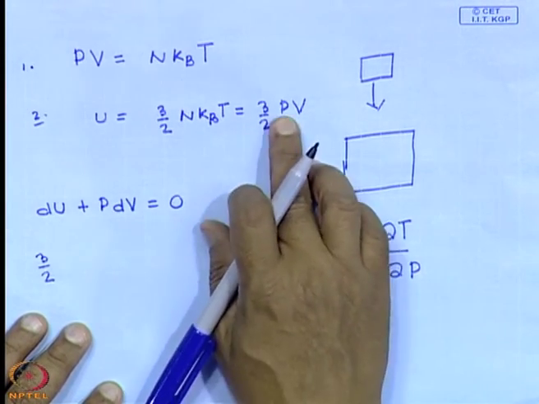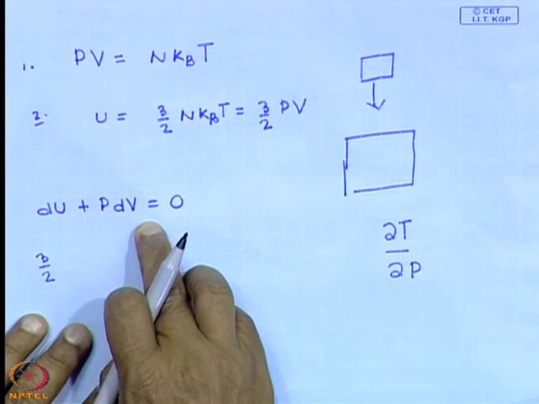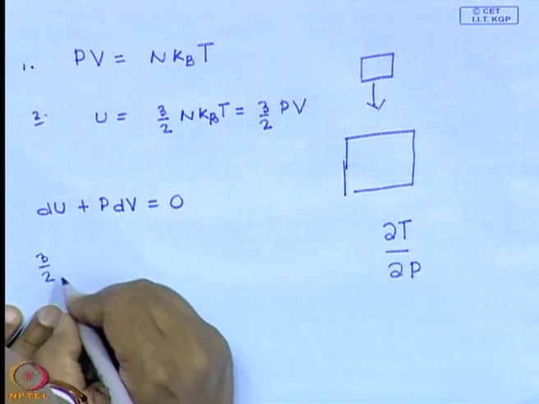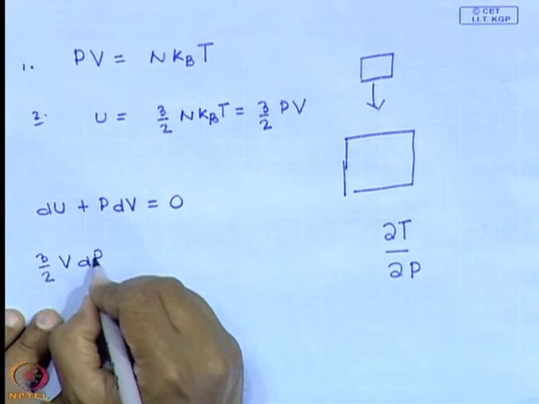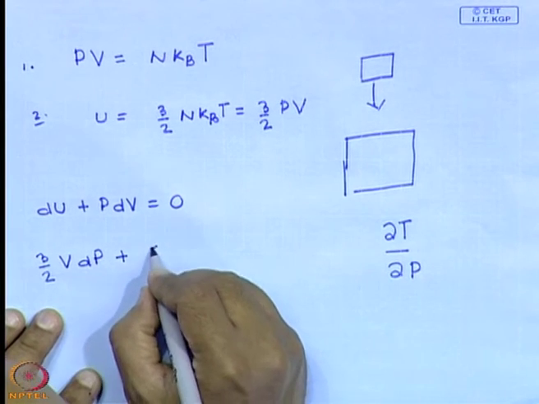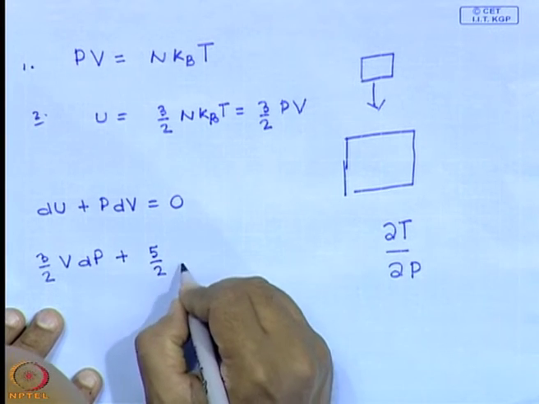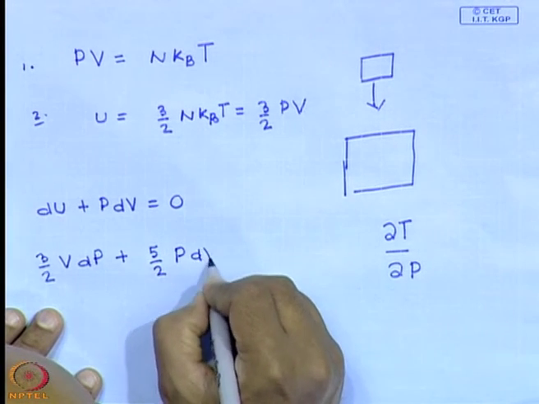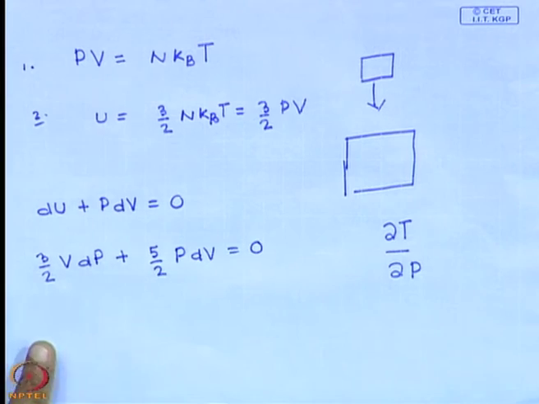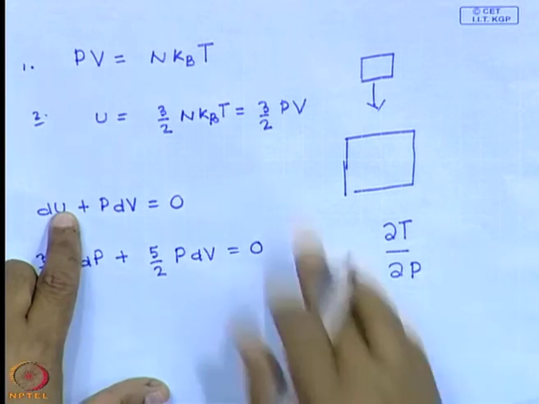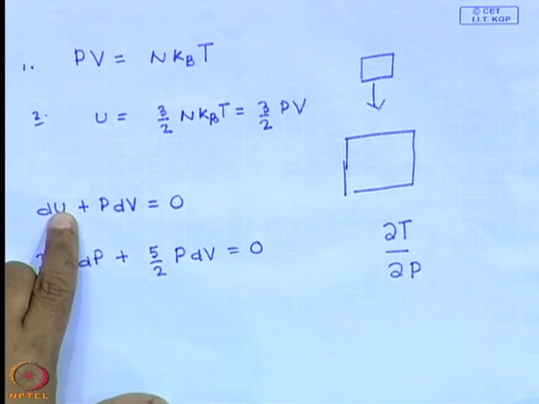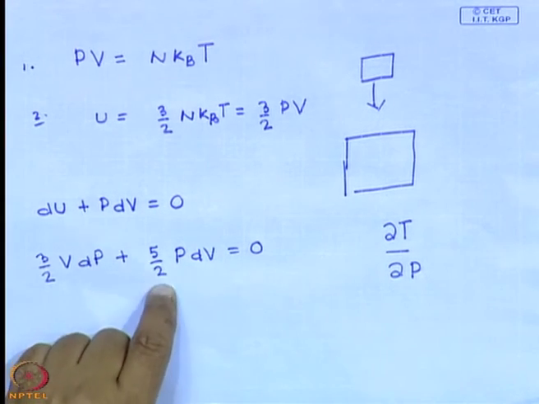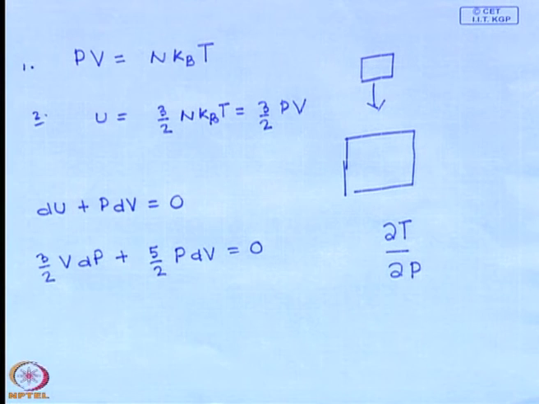The P dV term can be combined with this. So, one term will be V dP and the other term will be plus 5/2 P dV is equal to 0, because this will give us two terms, and one of them I can combine with this to get a factor of 5/2.